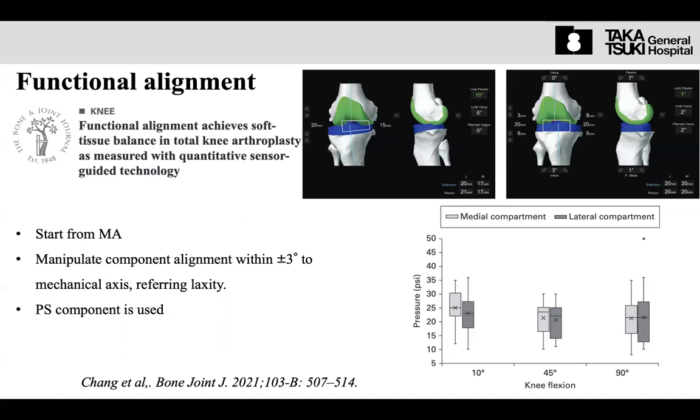So why do they do it like this? Because they use a PS. Once we sacrifice the PCL, the flexion gap can enlarge. We cannot estimate the amount of flexion gap enlargement. You understand? So as a result, after the PS sacrifice, we should adjust the gap.